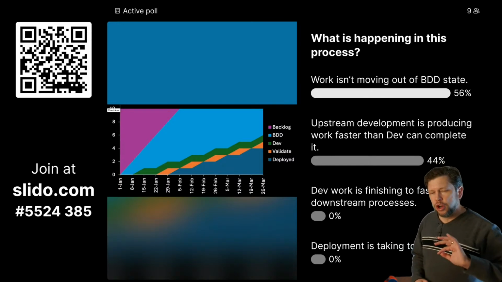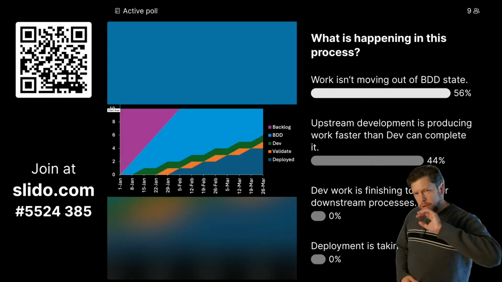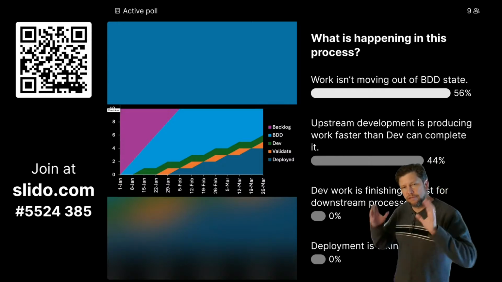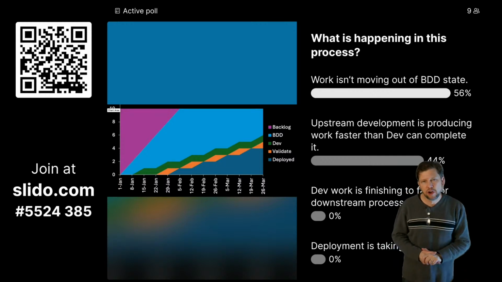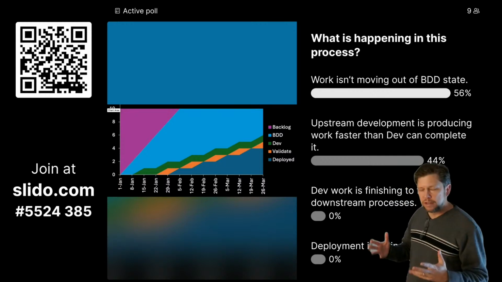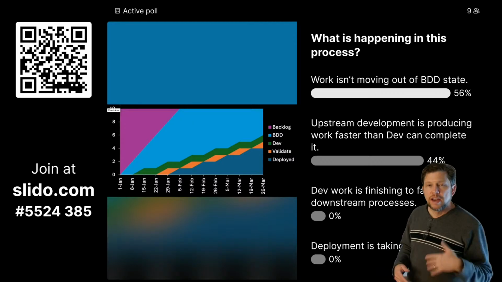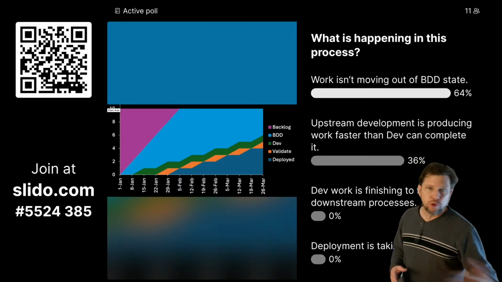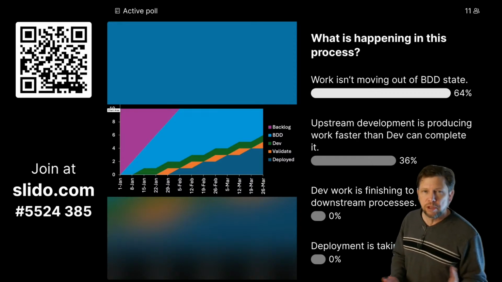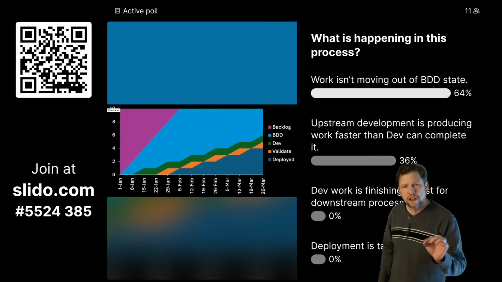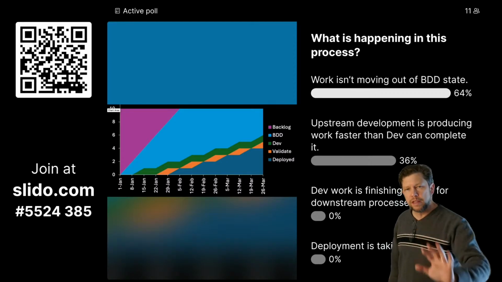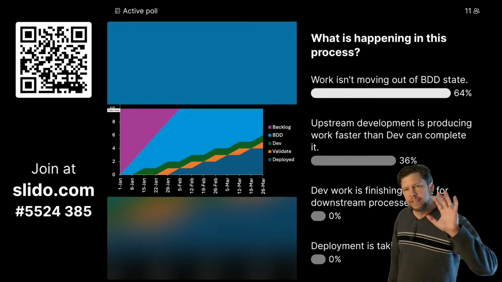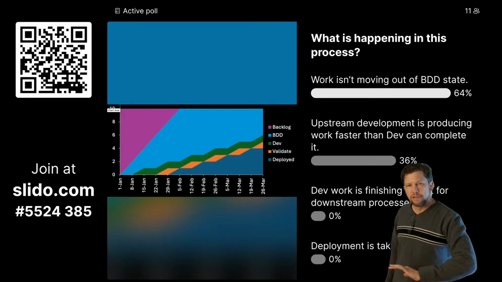The thing I want to point out is, because we defined what's happening, we can look at this and say, oh, BDD process is completing stuff as there. Now, it could be that the BDD process is actually just taking on work really, really fast and not actually completing it. That could happen because we're not really clear just by looking at the graph why it isn't moving from BDD to dev.